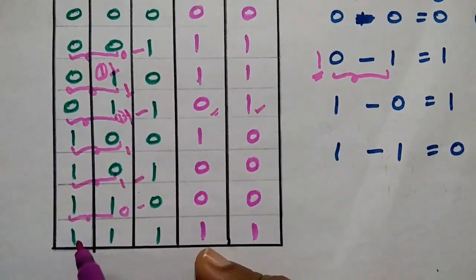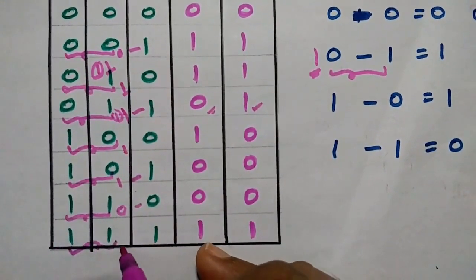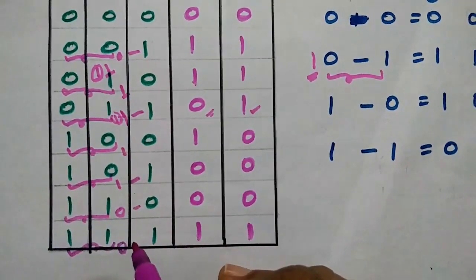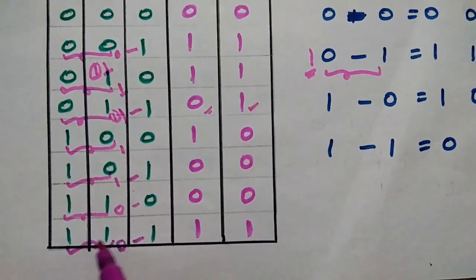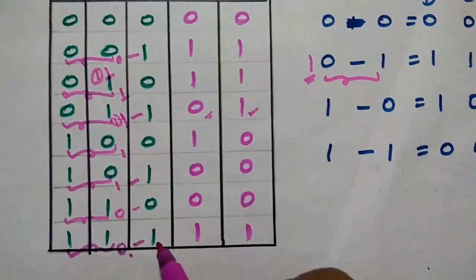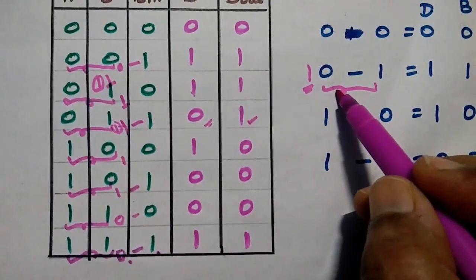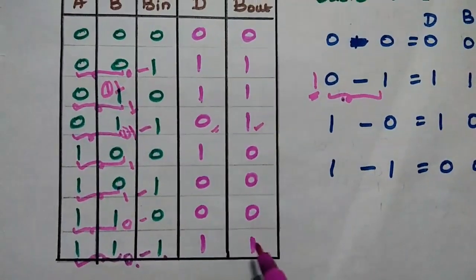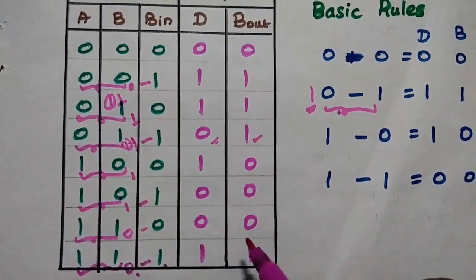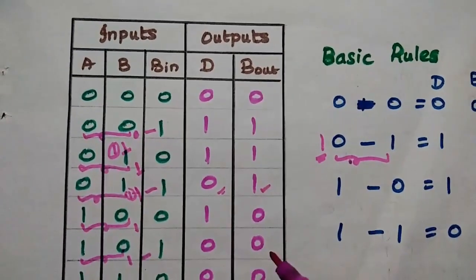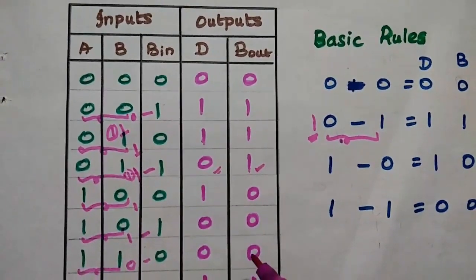The next case 1 minus 1 is 0. Then 0 minus 1, that is the second rule: borrow 1, difference 1. So this is the truth table for the full subtractor.